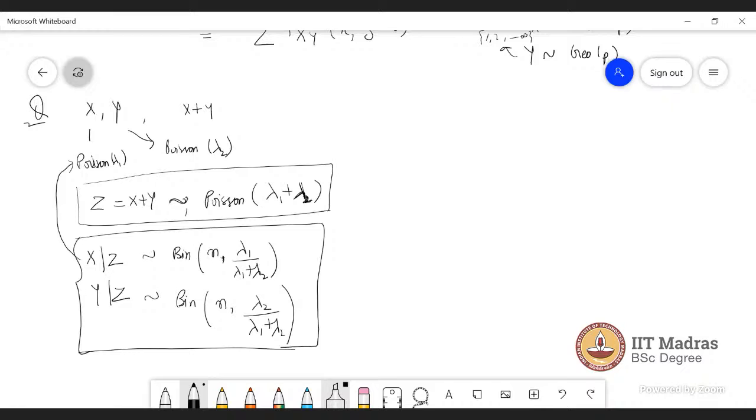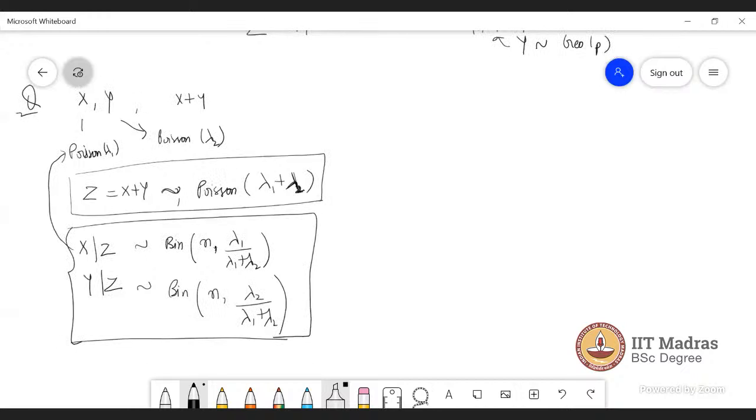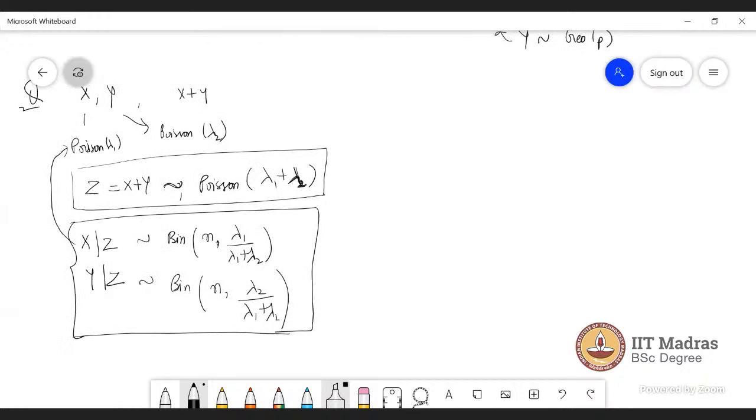Ma'am, if n changes, how does the formula change? Like if x and y have different n values, m and n? This n is not coming from X and Y. If Z is taking the value n, then X given Z is binomial n, lambda 1 by lambda 1 plus lambda 2. In case Z takes some other value, let's say m, then it will come out to be binomial m, lambda 1 by lambda 1 plus lambda 2.